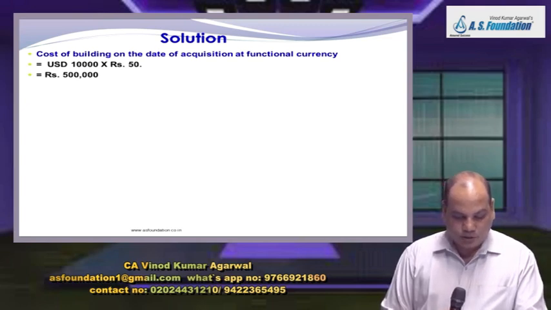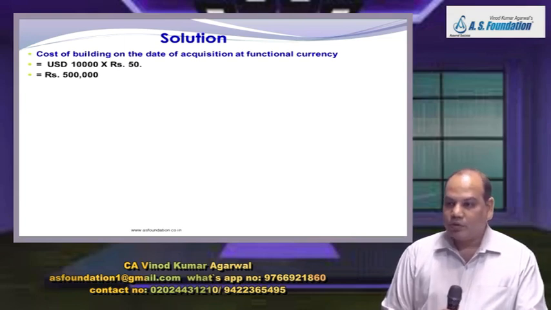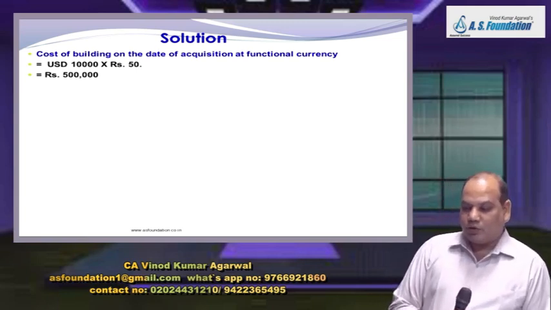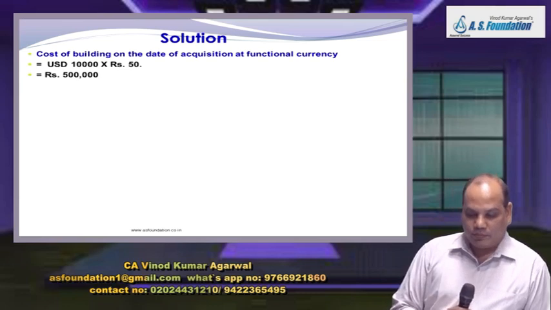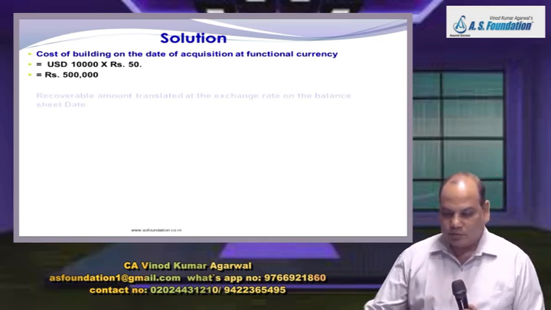So, the cost of building on the date of acquisition at functional currency is equal to, write in notebook neatly, 5 or 6 answers we will write in notebook. 10,000 USD into 50. Is it rupees 5 lakh? Yes, very good.